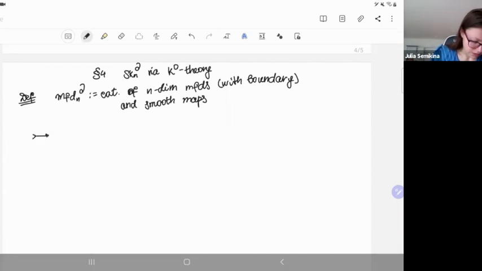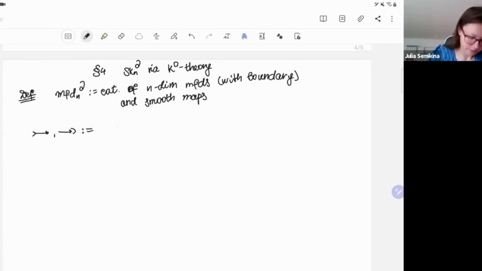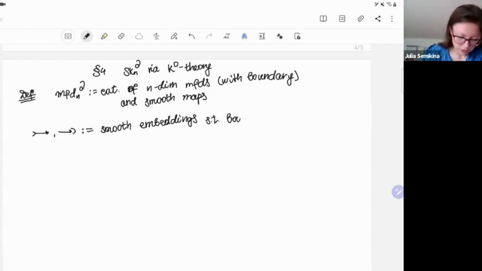So this and this, they are both defined to be smooth embeddings such that the boundary is sent either entirely to the interior or to the boundary.